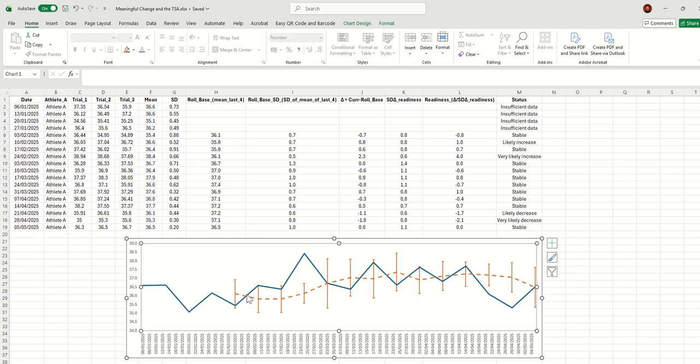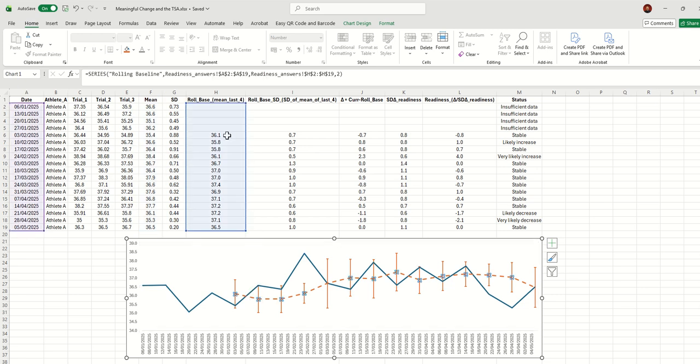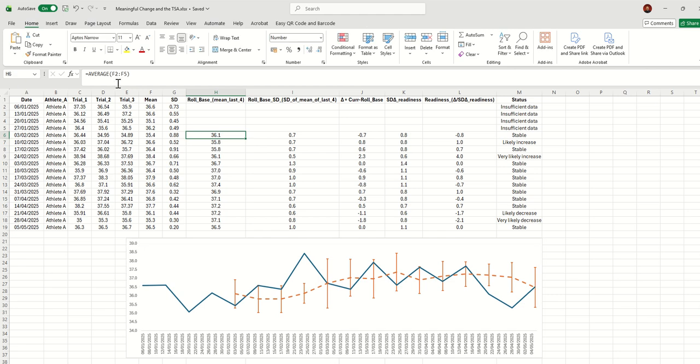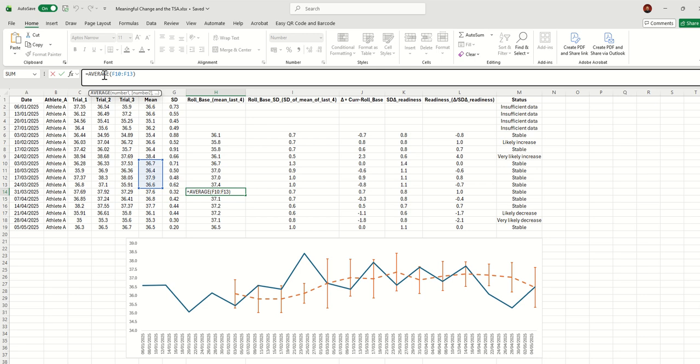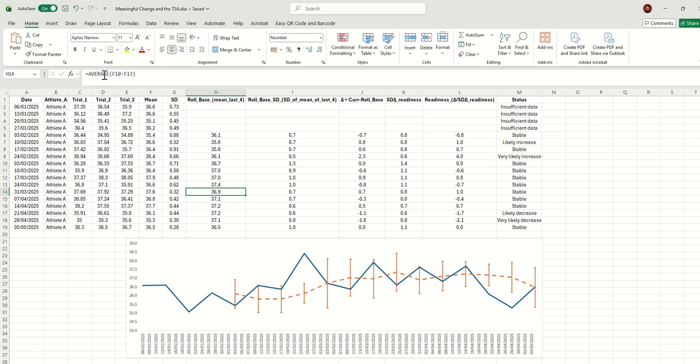The rolling baseline is the average of the previous 4 weeks. So wherever you go, it's always the previous 4 weeks. And 4 weeks because that's probably the minimum amount of time to find a representative baseline. Anything less than that is really likely to show big fluctuations.